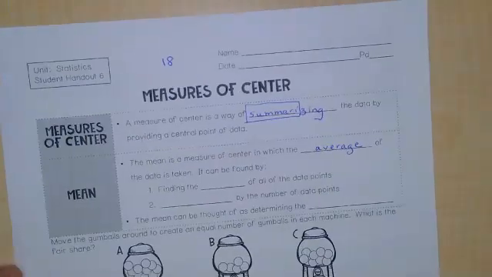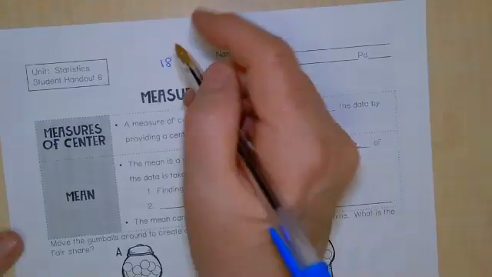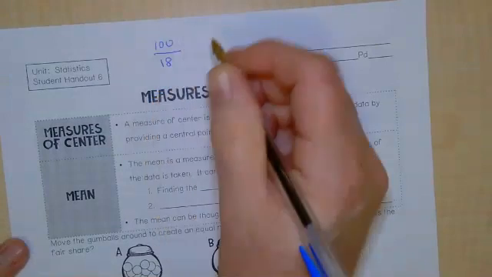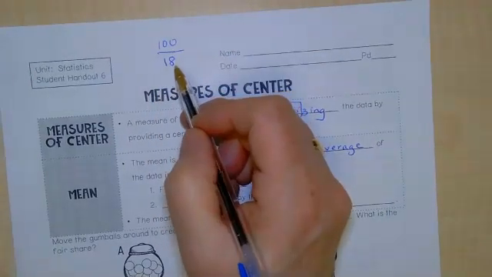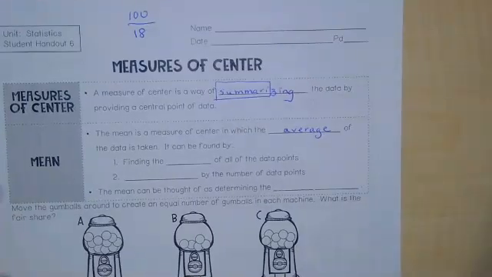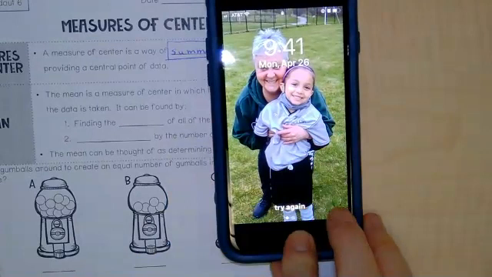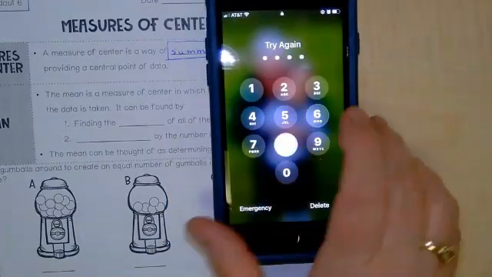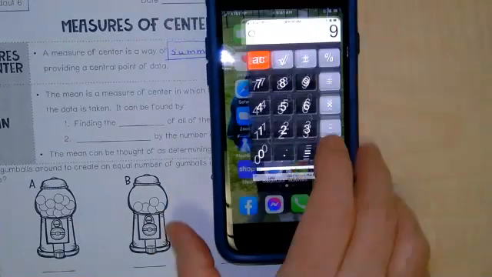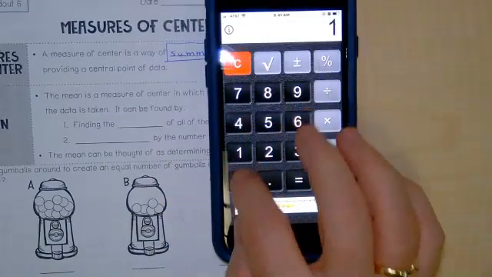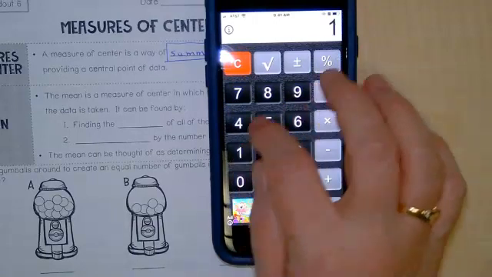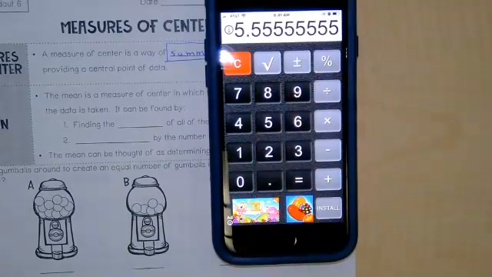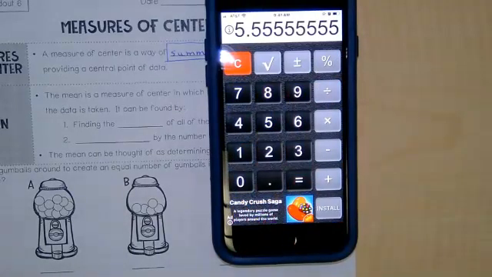What else? And then you'd divide 100 by 18. 100 cookies divided in 18 equal parts, right? So get your calculator out and tell me how many cookies would that be? How many cookies would everybody get? 5.